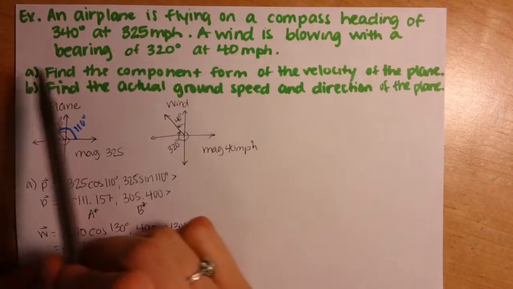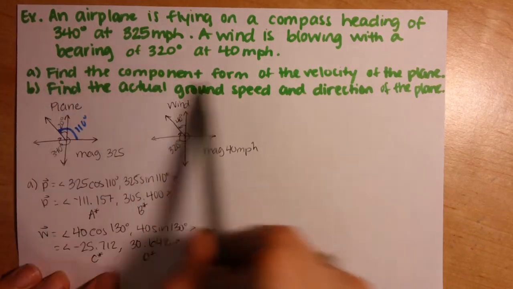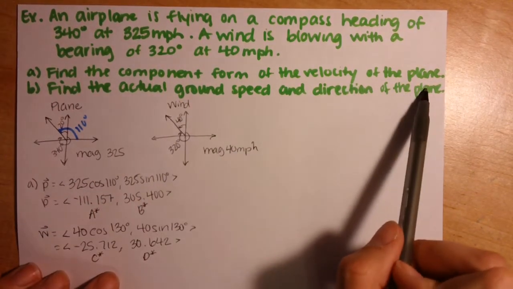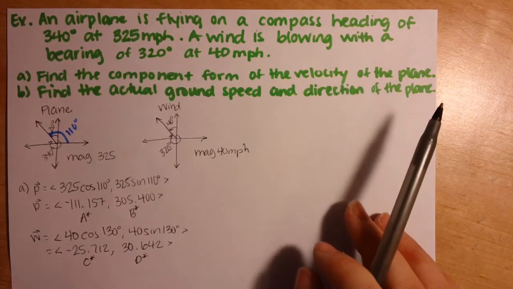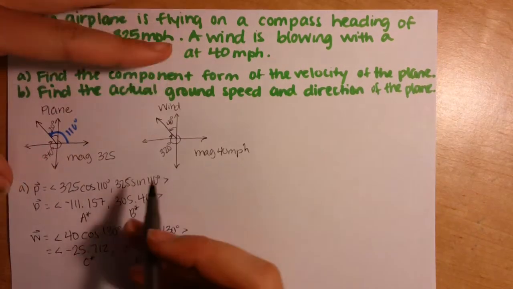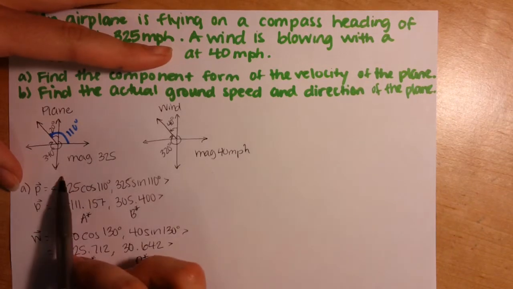So to find the component form of the velocity of the plane, I'm going to take P plus W. So I'm going to add them together because the wind has an effect on the plane.